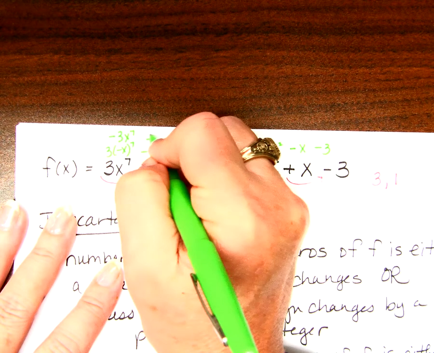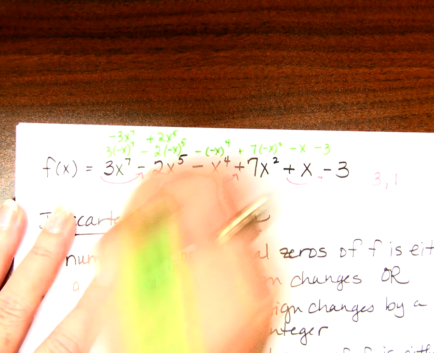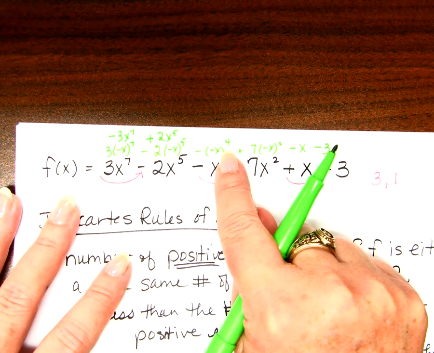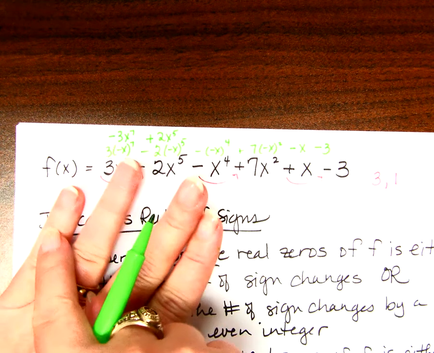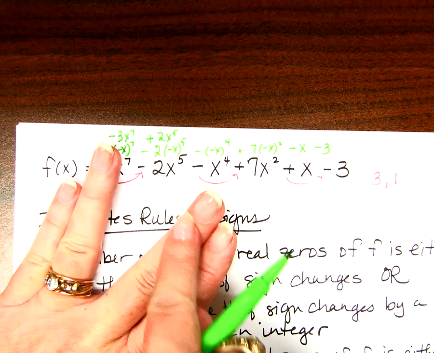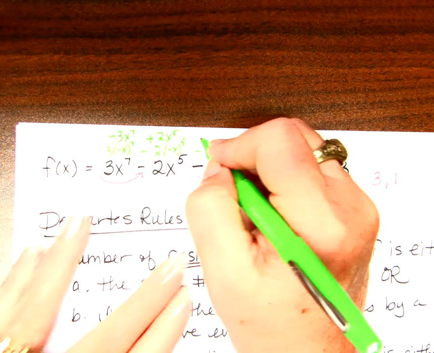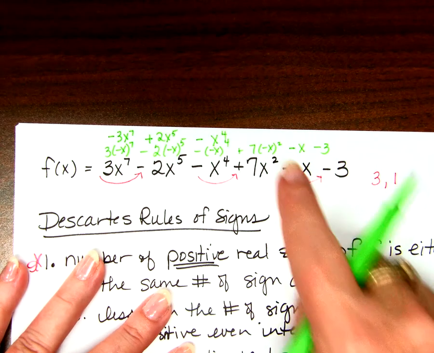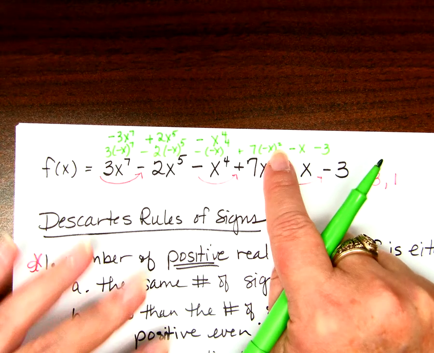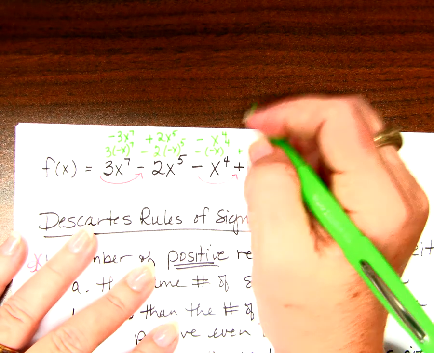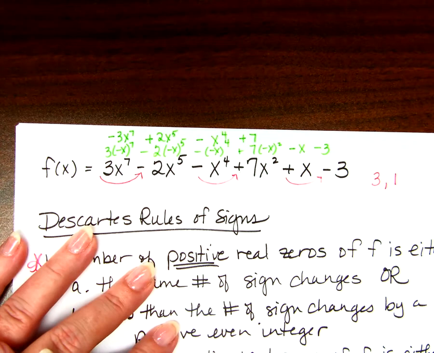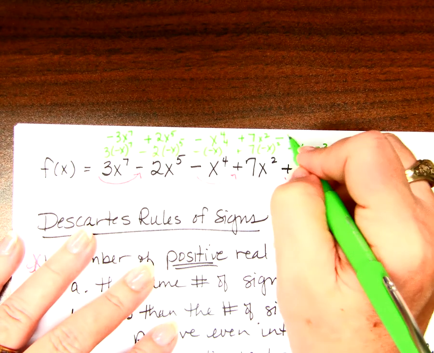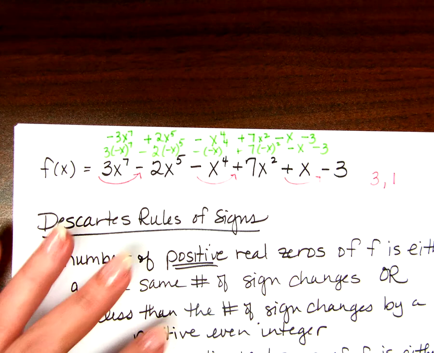So plus 2x to the 5th. What happens when I raise it to an even power? If I have 4, these two are a positive and these two are positive, right? So it's going to stay the same sign that it was before. Then minus x, then minus 3.